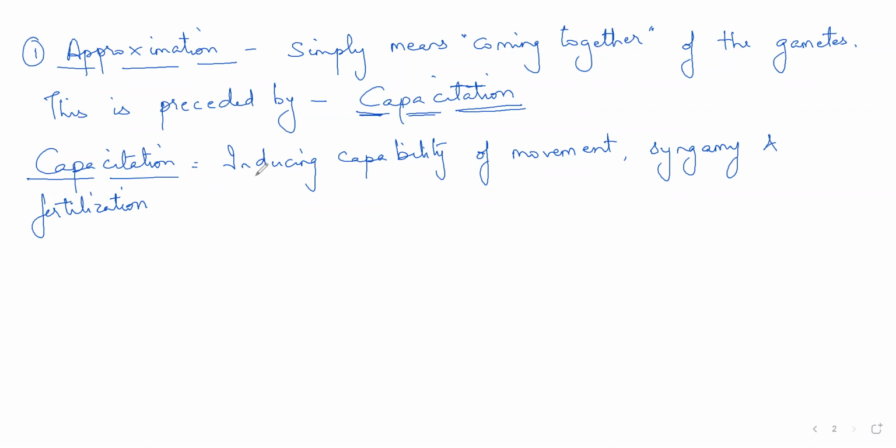When this capacity is induced in the spermatozoa, the spermatozoa are capacitated. Inducing capability of movement, syngamy, and fertilization in the spermatozoa is known as capacitation.